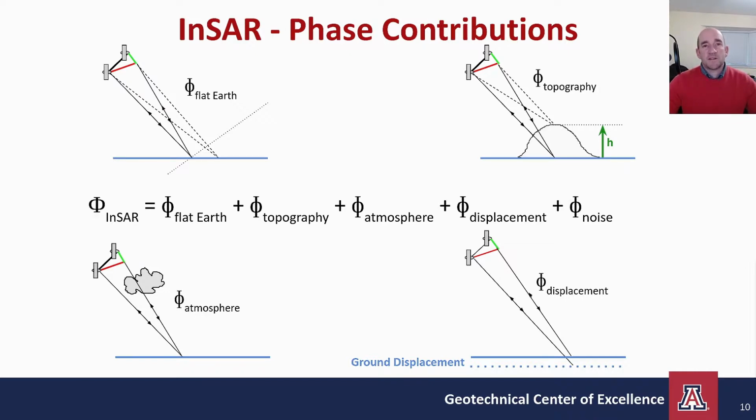In the bottom left is atmosphere. Microwaves travel at the speed of light in a vacuum, but they are delayed in a medium, such as the atmosphere. On pass 1, the signal passes through a column of atmosphere with some distribution of water vapor, pressure, and temperature. 11 days later, or even after a few hours, this has completely changed.